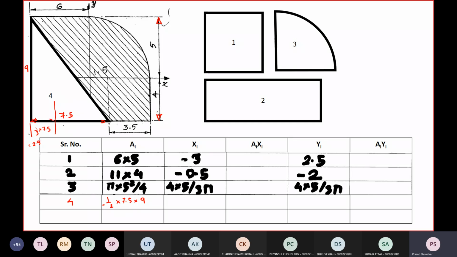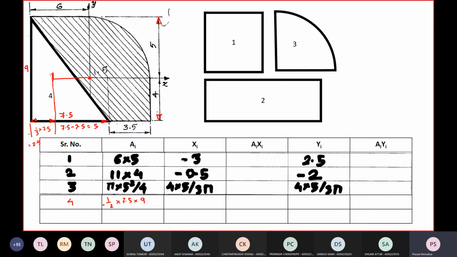So this distance is 2.5, and the total is 7.5. So what is remaining? 7.5 minus 2.5, that is 5. So with respect to this origin, what will be the distance of the centroid?